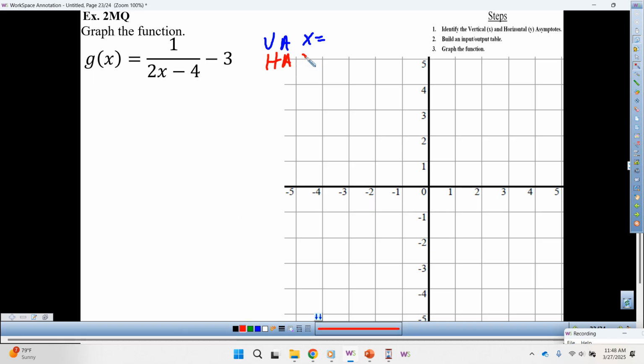HA, f of x equals. All right, tell your neighbor what the VA is on that one and the HA. What'd you get for that one? Let's go with Elijah. What'd you get? 2 for the VA. And for the HA? -3, and the rest is history.